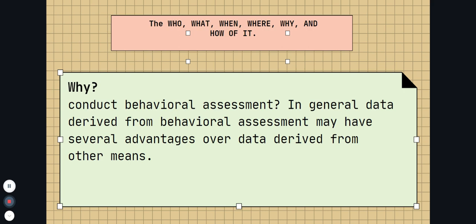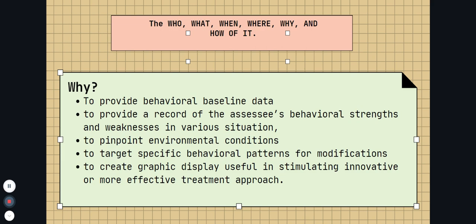As to why: to provide behavioral baseline data, with which other behavioral data may be compared. So say for example, you are assessing the drinking patterns of a person.